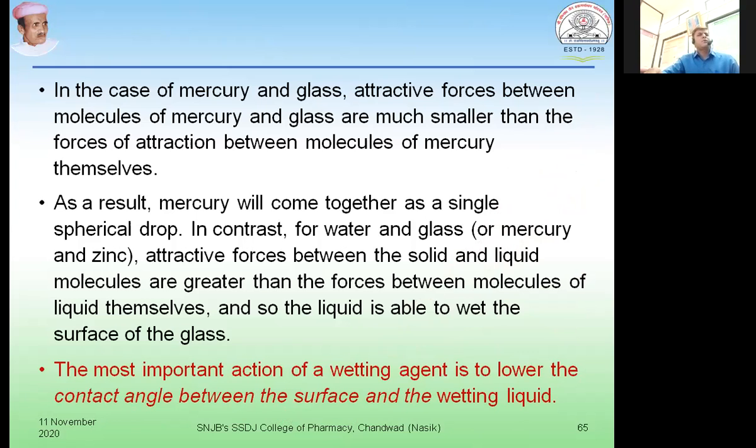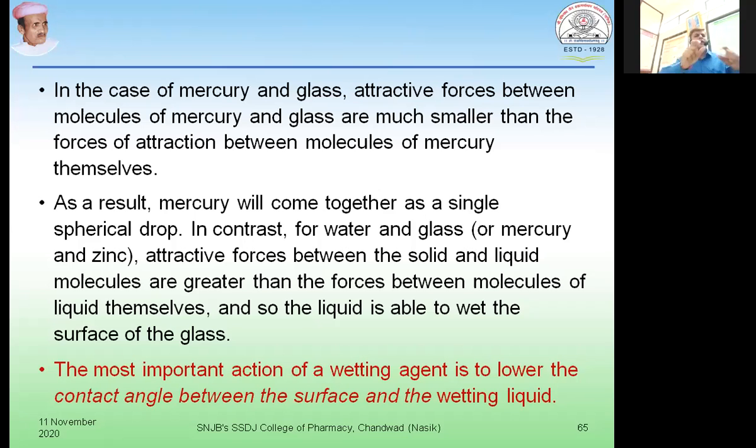The most important action of a wetting agent is to lower the contact angle between the surface and the wetting liquid. I hope when we spoke regarding the HLB scale, you saw one category of surfactant being used as wetting agent. The surfactants which have an HLB value between 7 to 9 are said to be wetting agents.